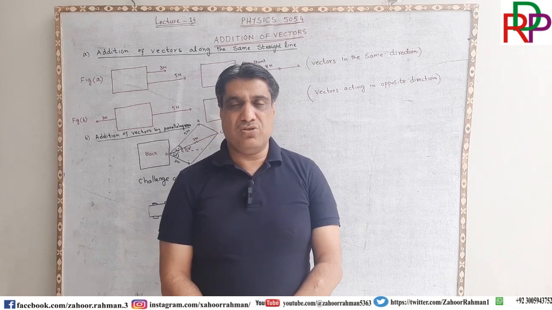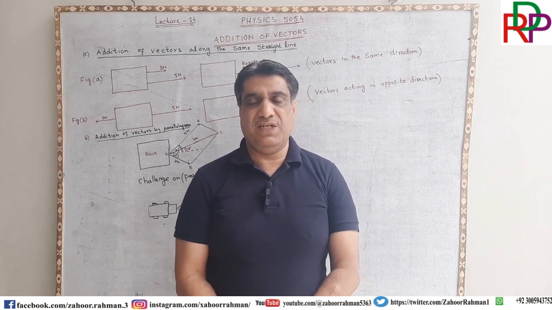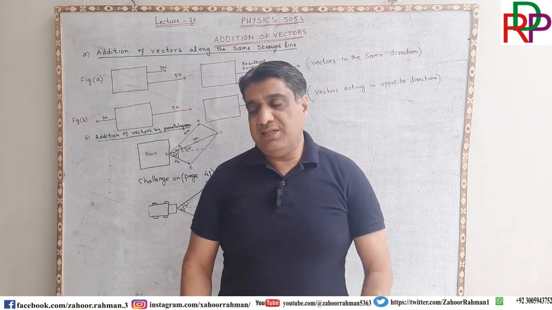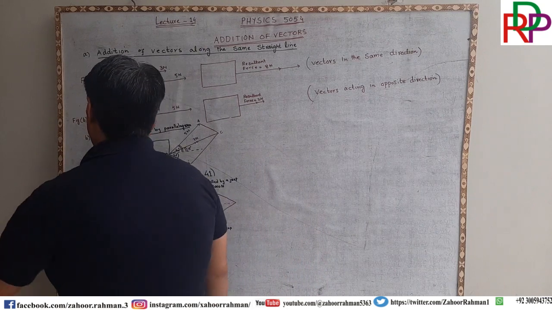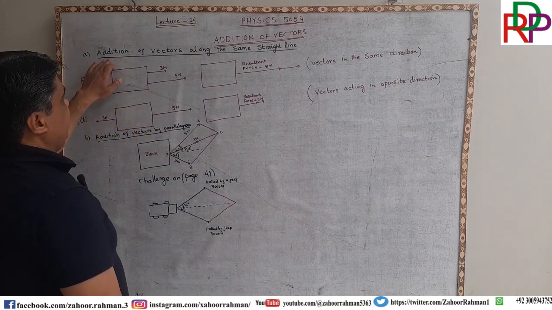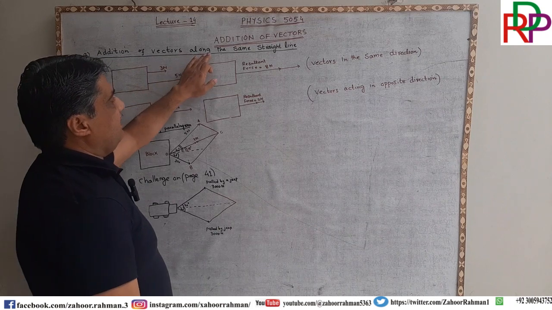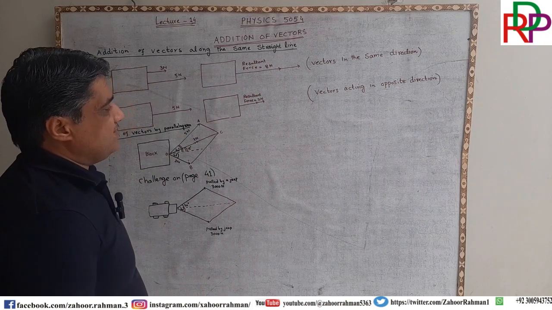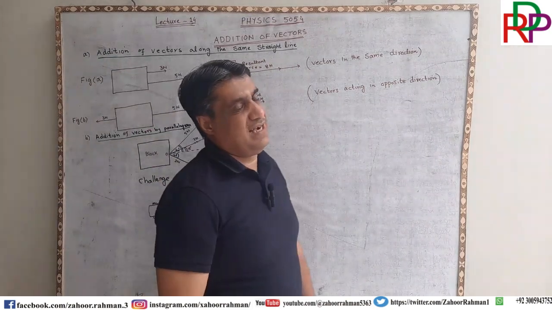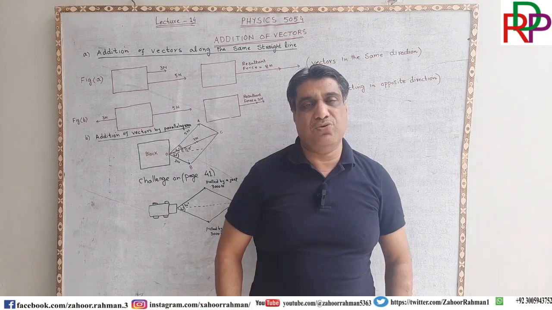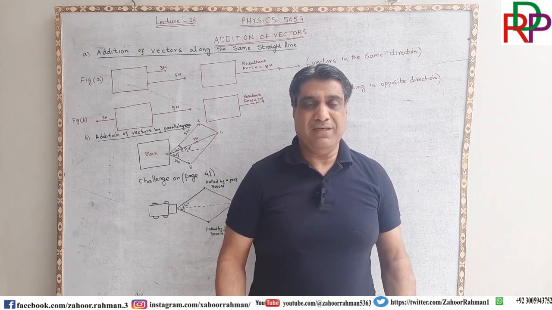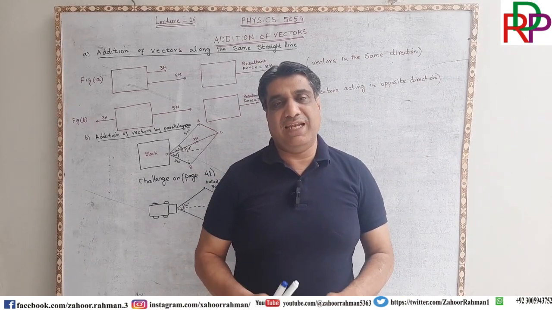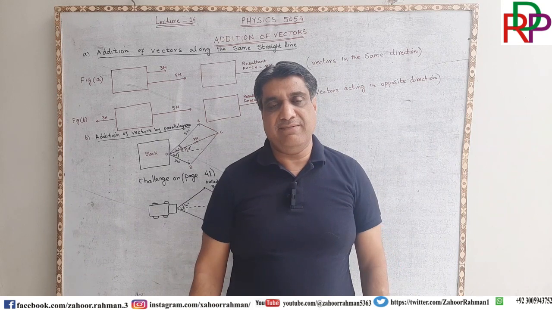Now it depends totally on the situation you are currently dealing with. The first situation of vector addition is addition of vectors along the same straight line. If two vectors are lying in a straight line, then you have to add them simply. Now, straight line doesn't mean that both of them will point the same way.